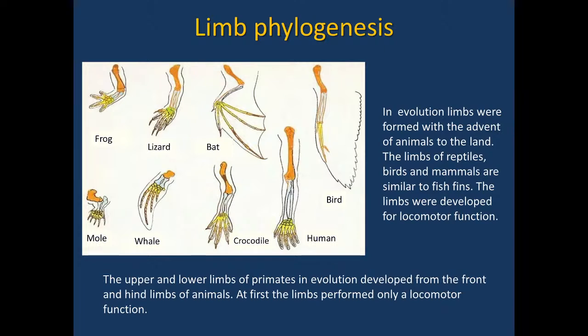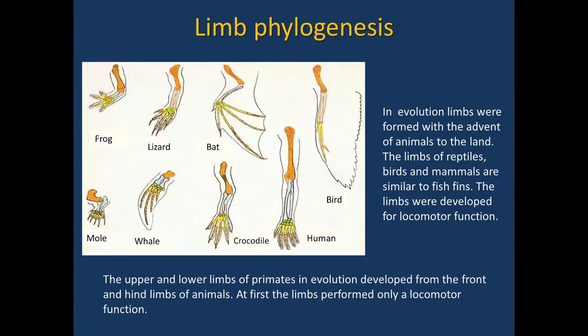I mean primates, the monkey groups, which developed into humans, and the limbs transformed into the upper and lower limbs of them on the monkeys.